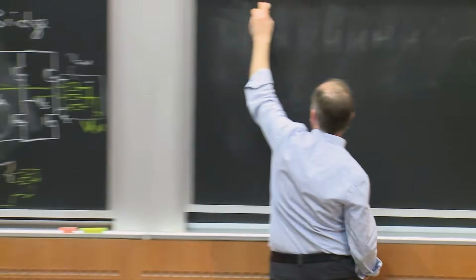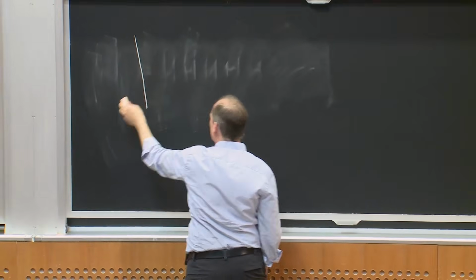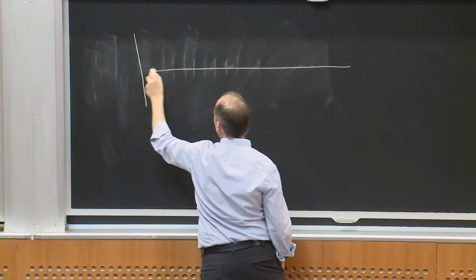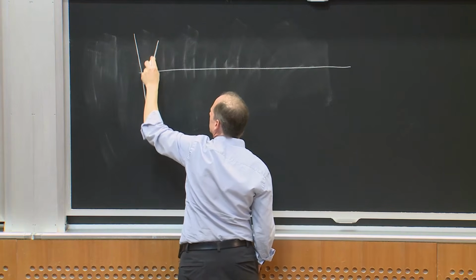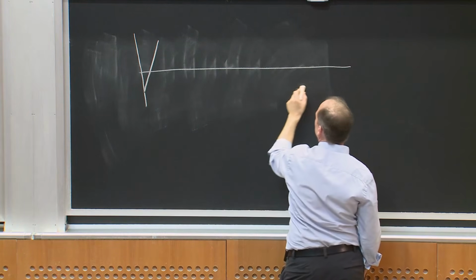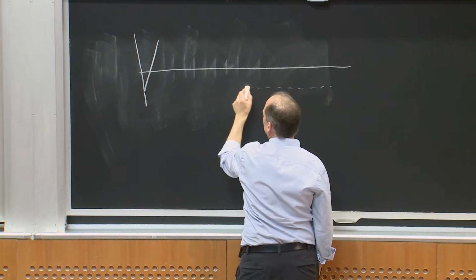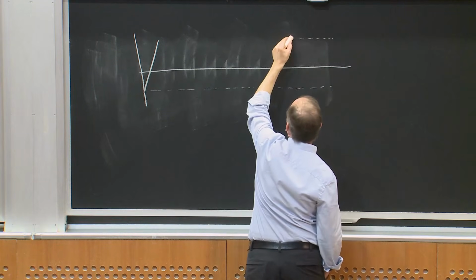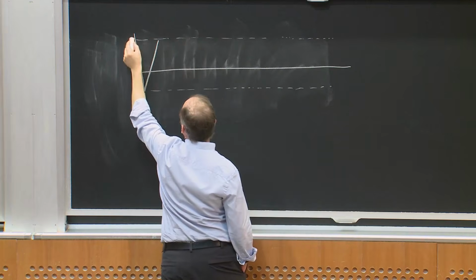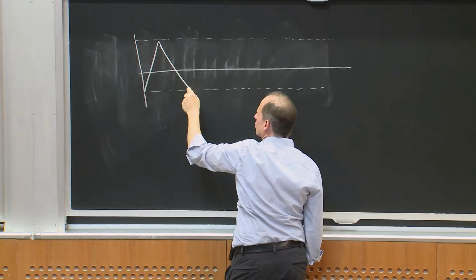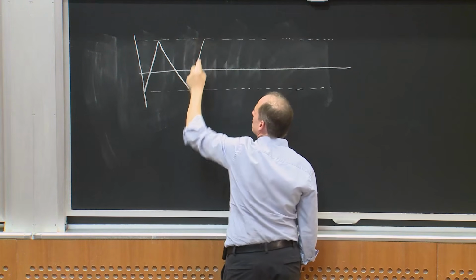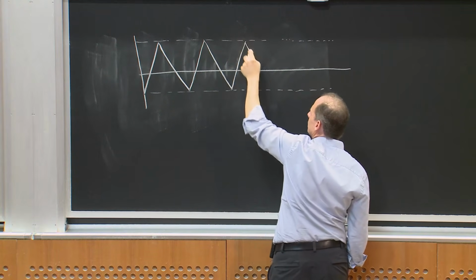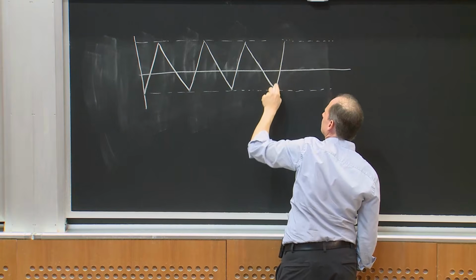I could create some triangle wave that's a carrier wave, that does something like this. And I'm going to exaggerate the ratios between the switching frequency and the line frequency just for visualization, okay?